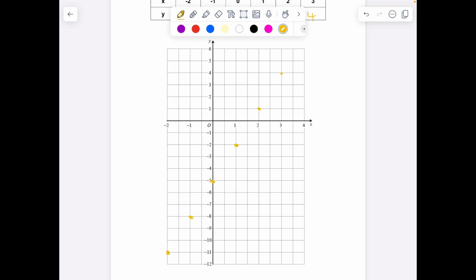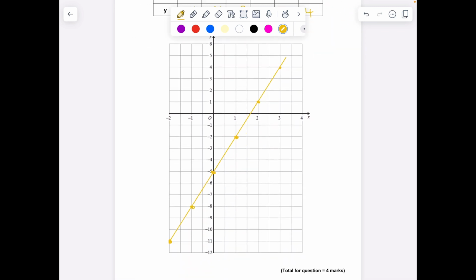And then draw a straight line going through all those points, like so. And then that would be your correct answer with a straight line through.